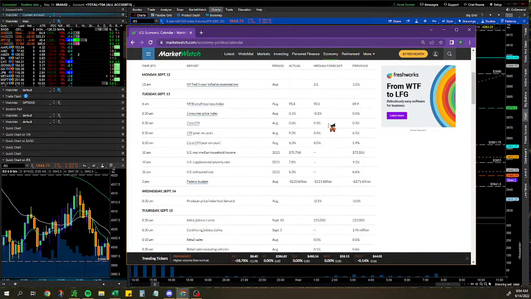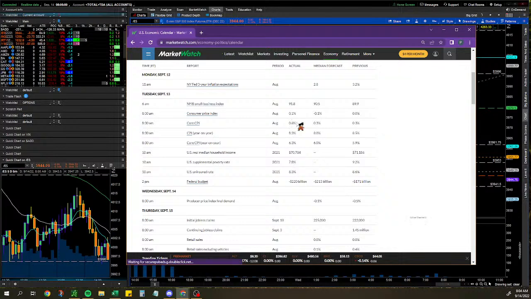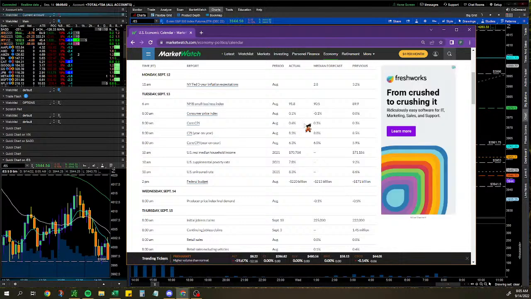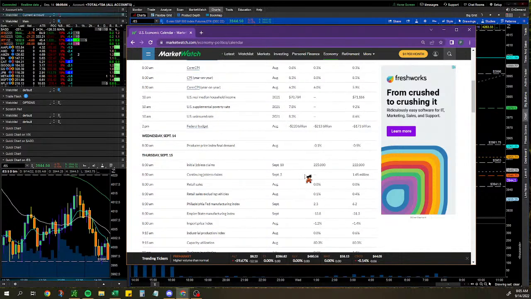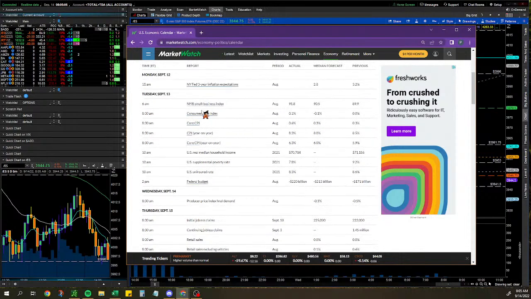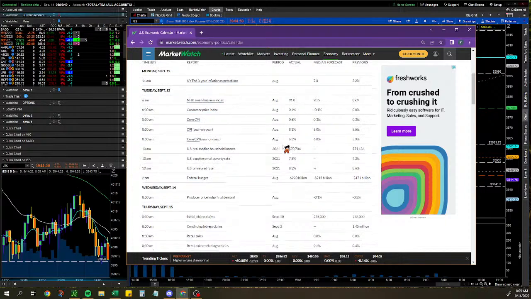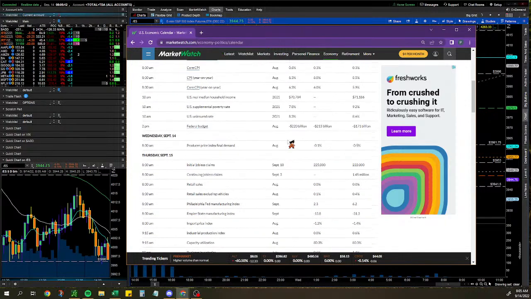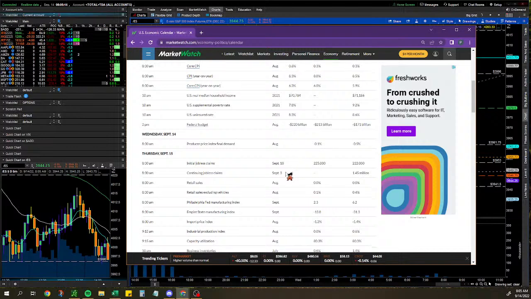Yesterday, the forecast was only a 0.3% increase. It was double that, so we got the reaction that we got. Basically it means the price of things went up in August when we expected it to go down, or when we expected it to not go up quite so much.